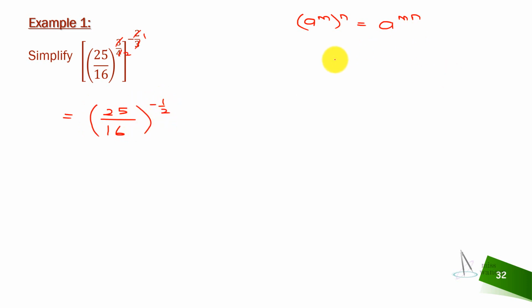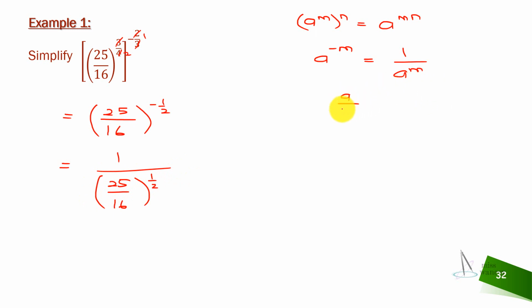And then if we have a negative as our index, a to the power of negative m is actually 1 over a to the power of m. So what we have here is 1 over 25 over 16 to the power of 1 over 2. And then of course, we have some fraction to the power of something. So it's like having a over b to the power of n. So this is a to the power of n over b to the power of n.